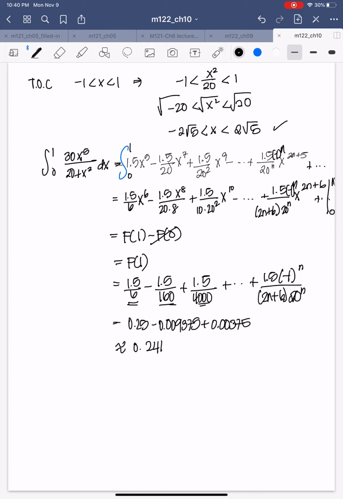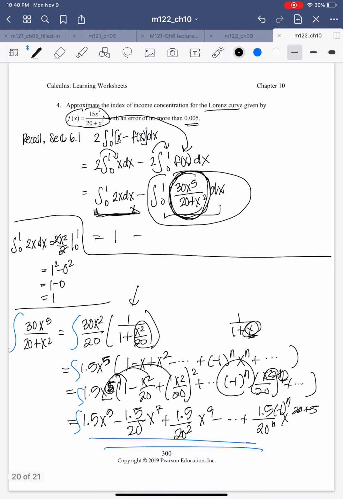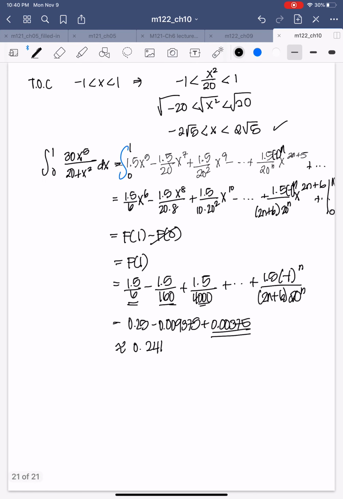How did I know, again, to stop at the third term? They give you. Number 4 says error by no more than 0.005. We want that less than 0.005. So this term right here is less than 0.005, so that's your remainder term.